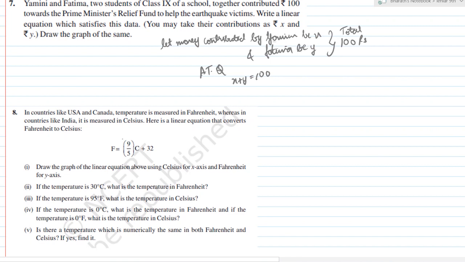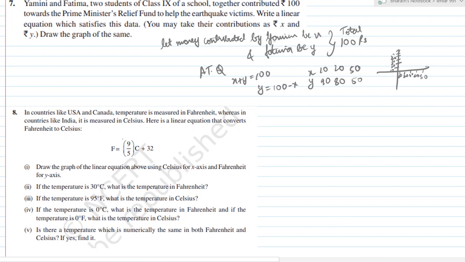So after sending other values to the RHS, now you are plotting the graph x by y. So when x is equal to 10, y is 90, and when x is equal to 20, y is 80, and at 50, it's 50. So in this question, while you're plotting the graph, we'll be taking 10, 20, 30, 40, 50, and here also 10, 20, 30, 40, 50, right?